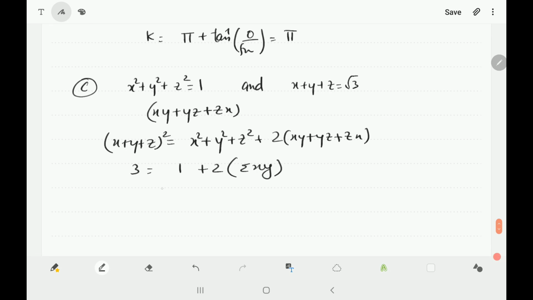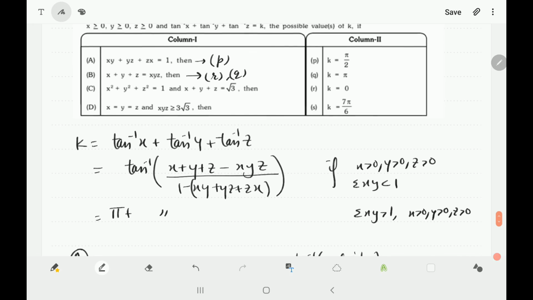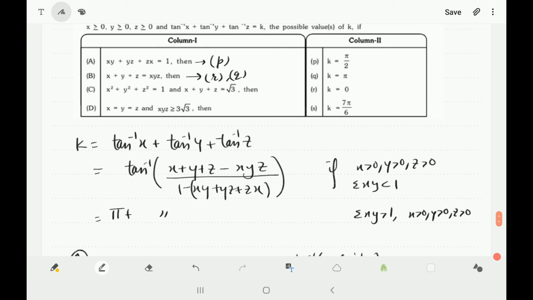So summation xy will be equal to (3 minus 1) divided by 2, which is 1. So in part C we will have the same as part A, because the summation of xy is given as 1 there. So part C will also have option P, because the denominator will be 0, so it will give the value as infinity. Tan inverse of infinity will be pi by 2, or if it tends to minus infinity, it will give minus pi by 2, which was not in the options.